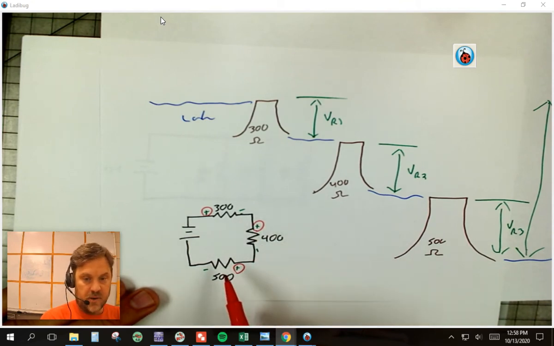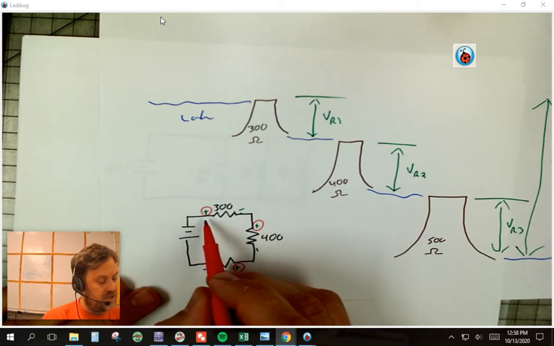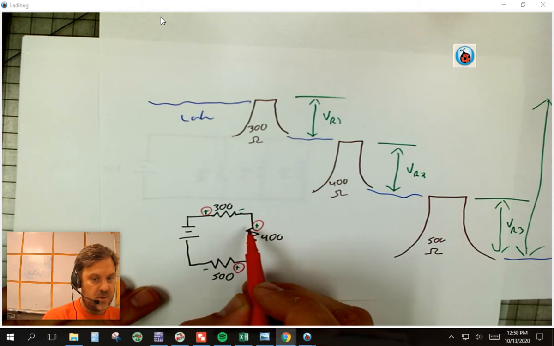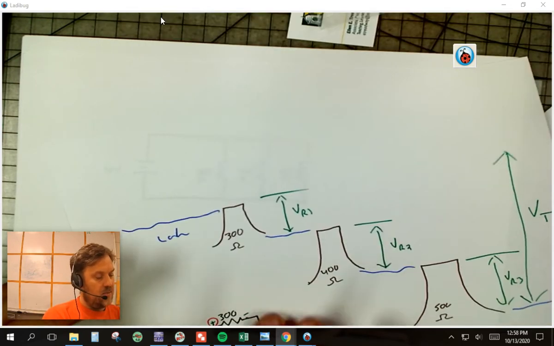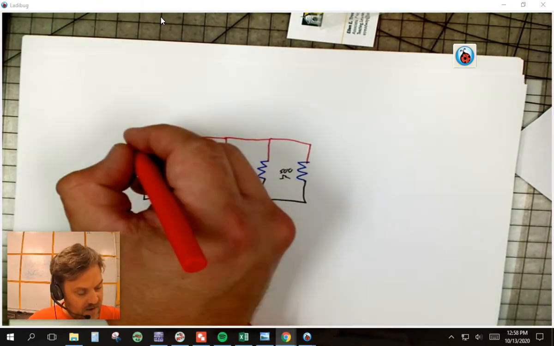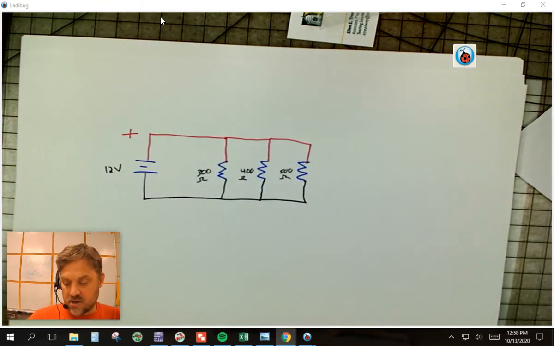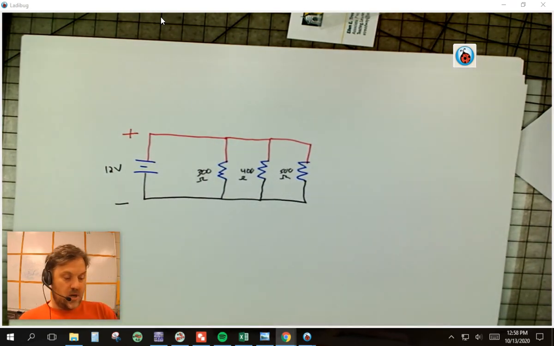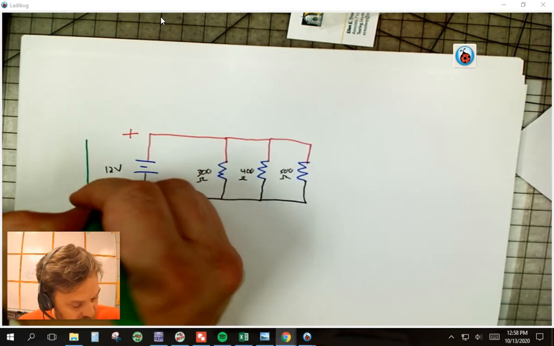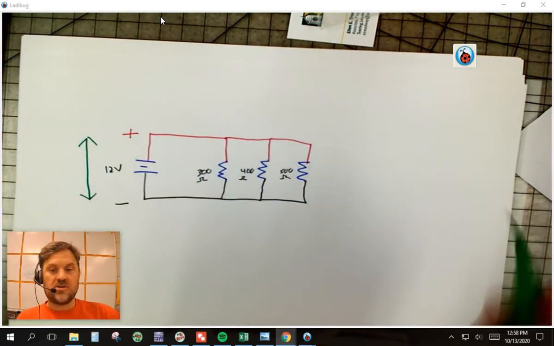So I have a potential energy difference across each resistor. Just like I have these 3 voltages, when I look at this parallel side, I've got a positive side of this parallel circuit and a negative side. So the height, the potential energy difference, is the same across the circuit.